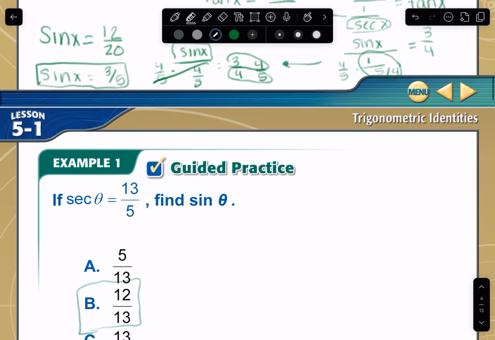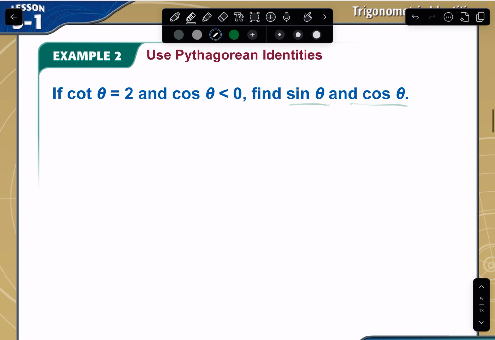That's the one we're going to be looking at. I know that because I'm given cotangent, and that's why I'm picking that one. So I'm going to write my identity out to start with.